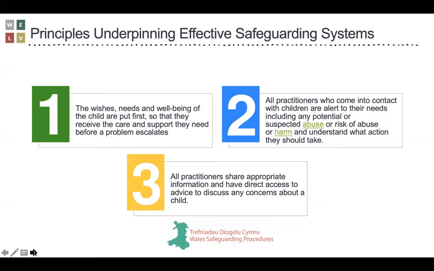That we're doing that as early as possible, so that they receive the support they need to prevent a problem from escalating wherever possible. It's important that all practitioners are alert to the needs of children and young people, but are able to identify potential or actual or suspected abuse or risk of abuse or harm, and that everybody is clear about the action that should be taken.